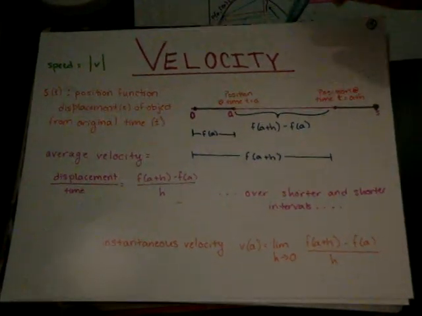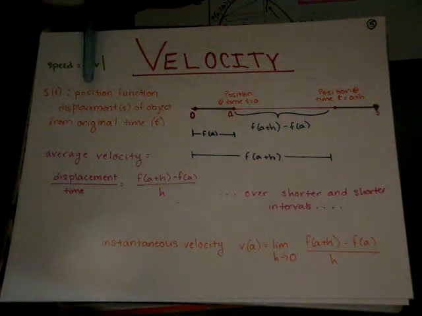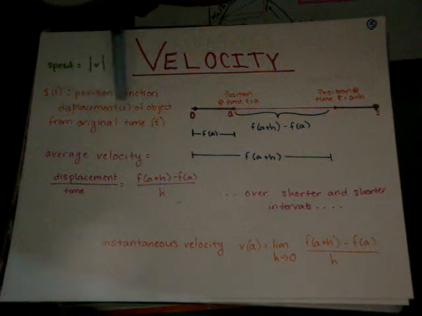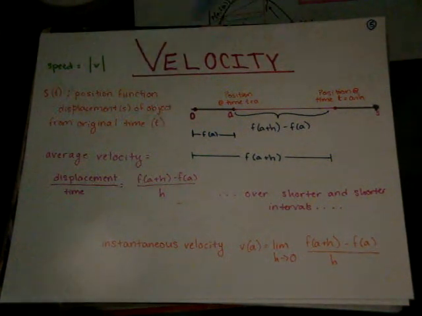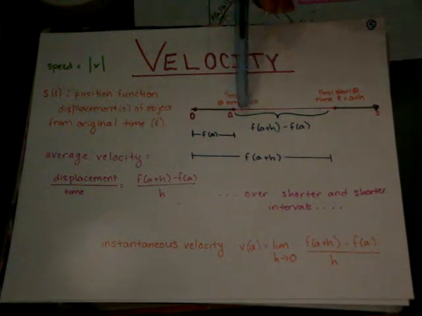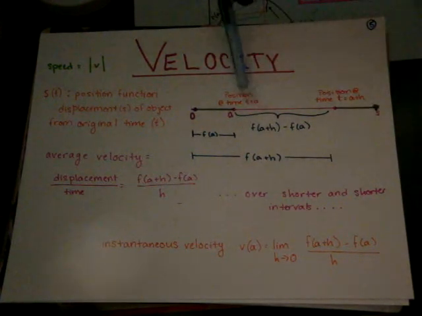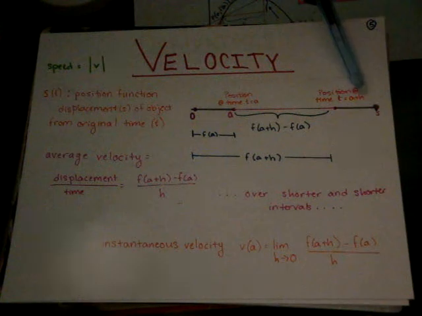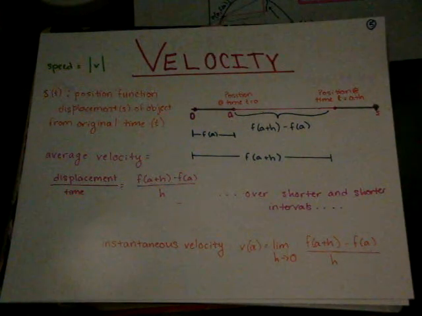We can also talk about velocity, because velocity has the same type of limit as the tangent line and the instantaneous rate of change. Consider s of t, a position function, which is the displacement s of an object from the original time t. You can see by this diagram that's the change in y, and t equals a and t equals a plus h is the change in x.